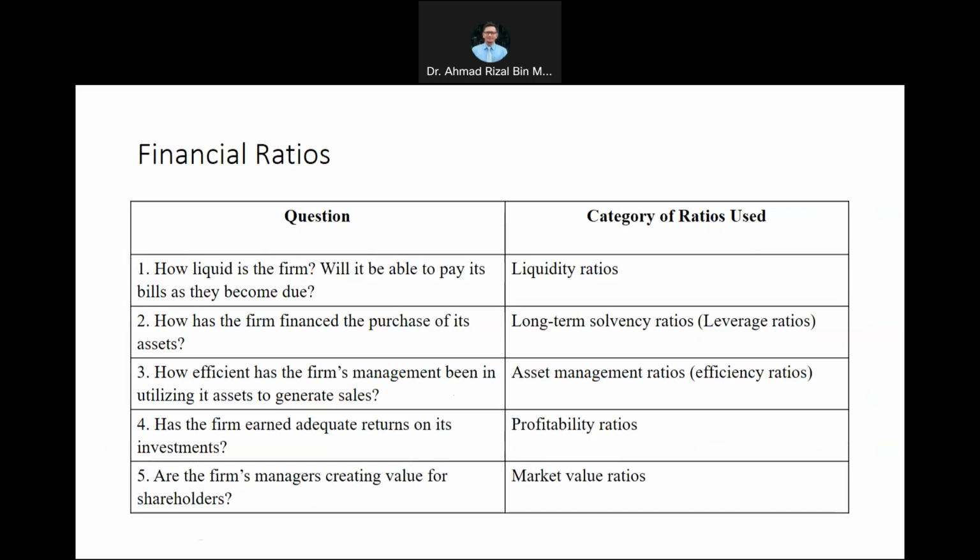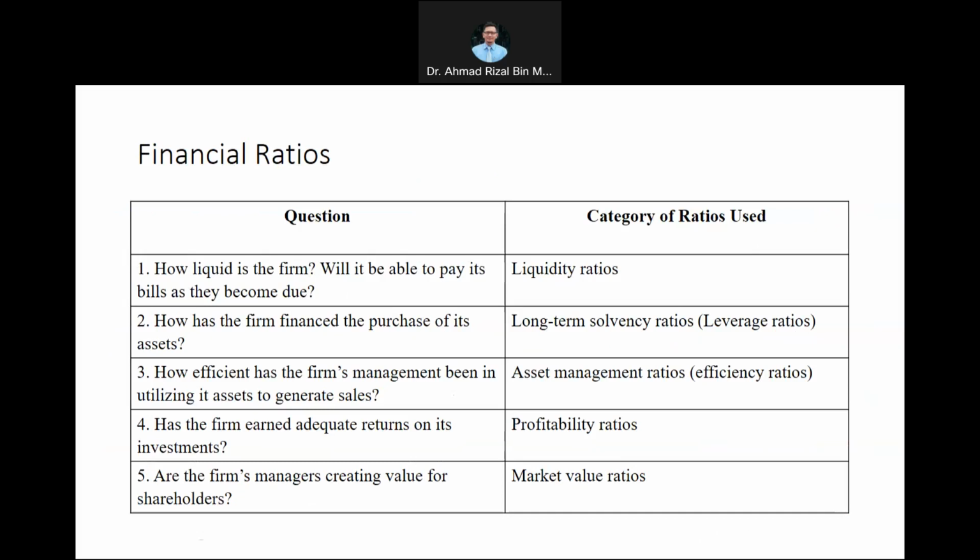And profitability ratios look at the profitability. There are several benchmarks selected and used. And finally, market value ratios. Some textbooks or modules do not cover this, but to me, this is important, particularly for a public listed company.